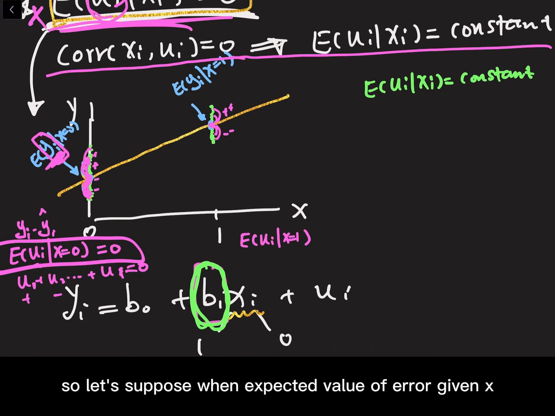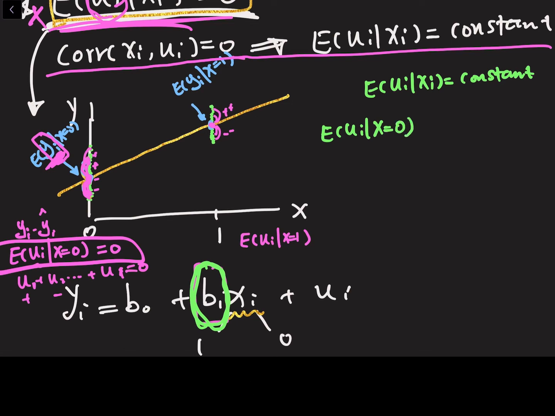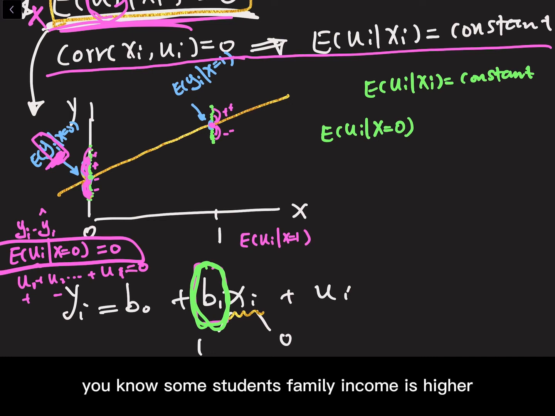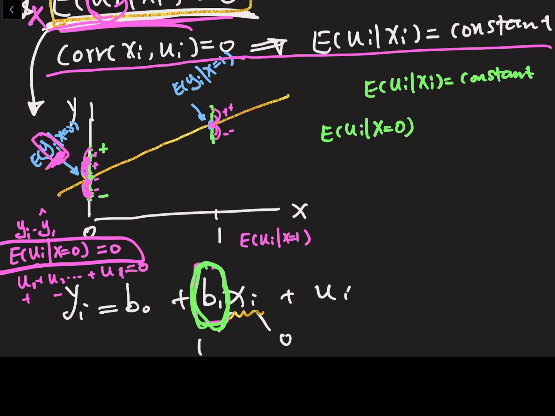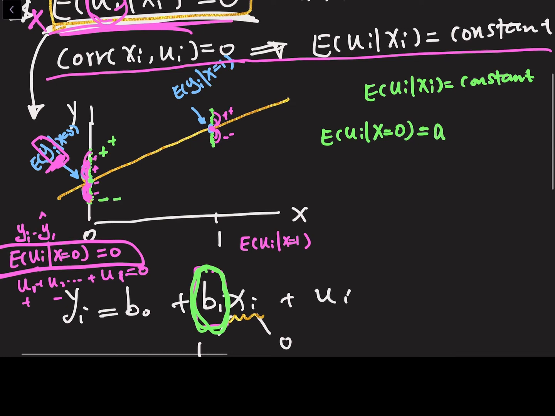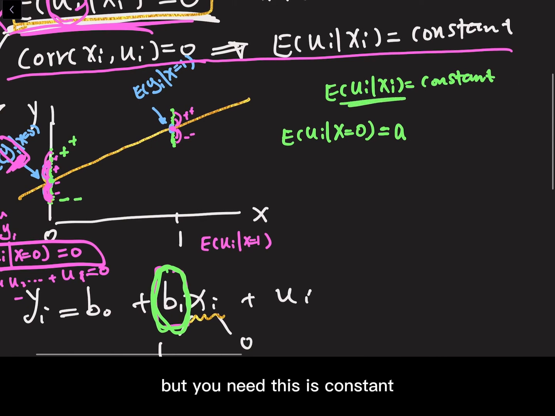Let's suppose that when x equals 0, the student's error is family income minus the mean. Some students' family income is higher, some lower, but the average is positive. Suppose the average positive value is A. But you need this to be constant, meaning it equals the expected value of error given x equals 1.